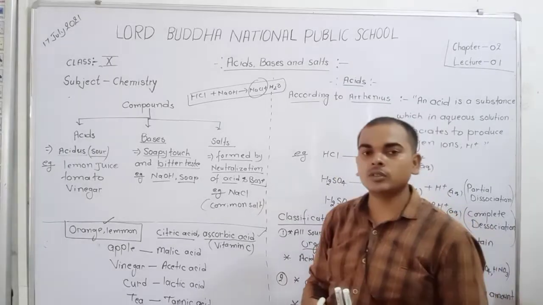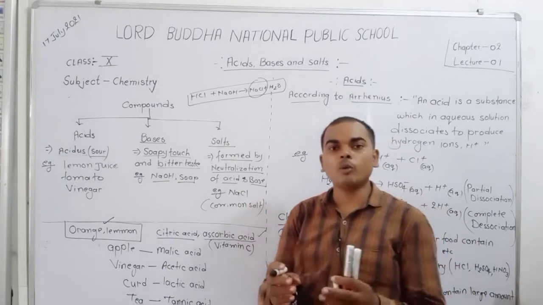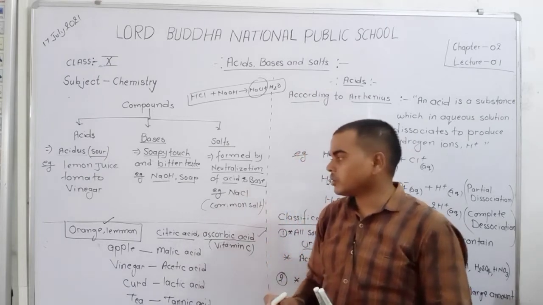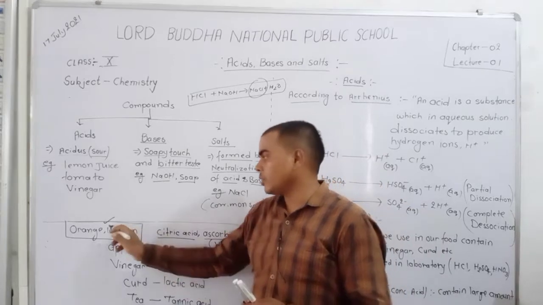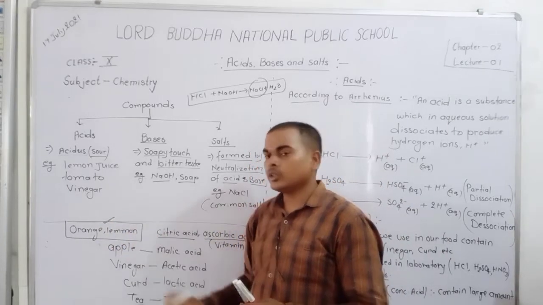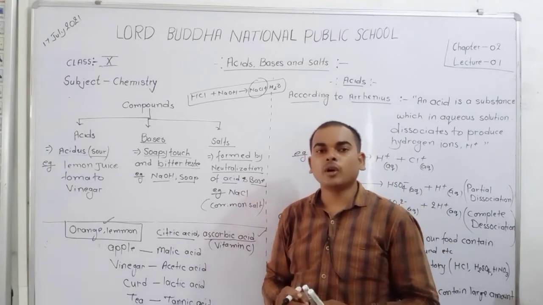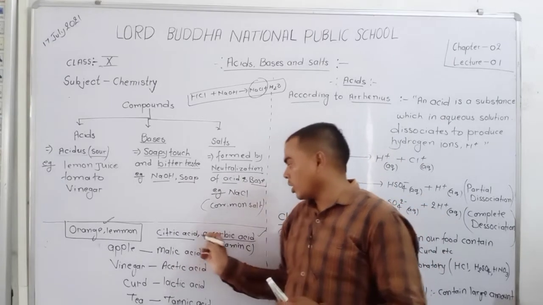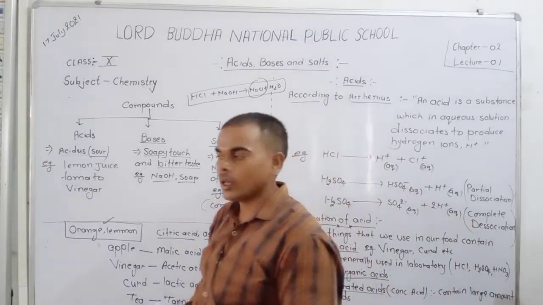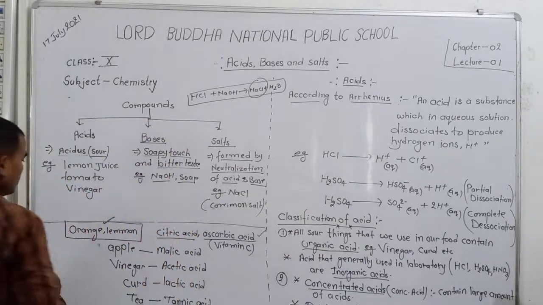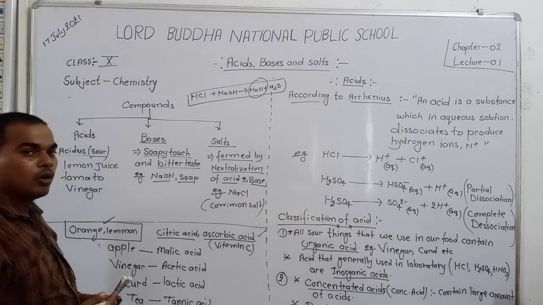Dear student, it is not necessary to take a tablet of vitamin C. If you take daily fresh fruit like orange and lemon, then automatically your body absorbs ascorbic acid, that is vitamin C, from the fruits. And your immune system becomes strong. Your antibodies develop in your body.